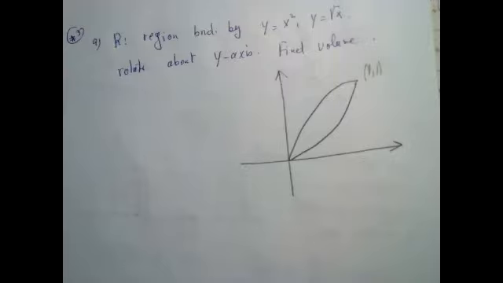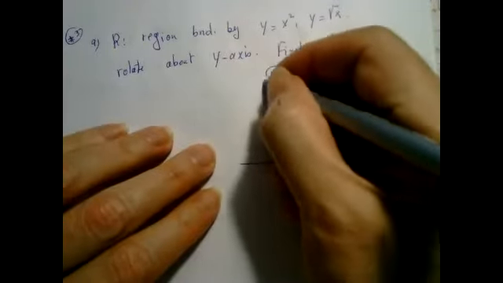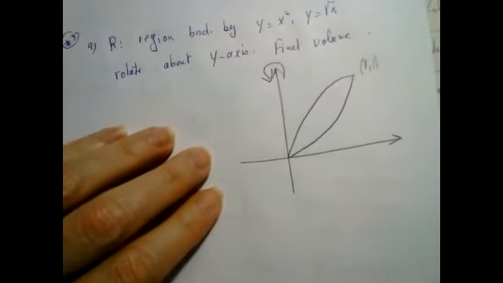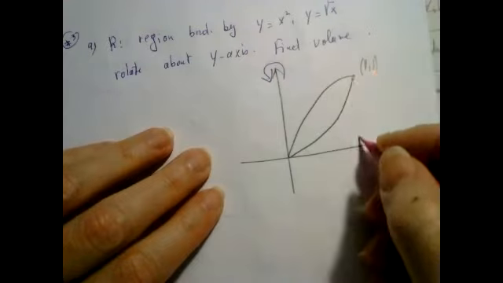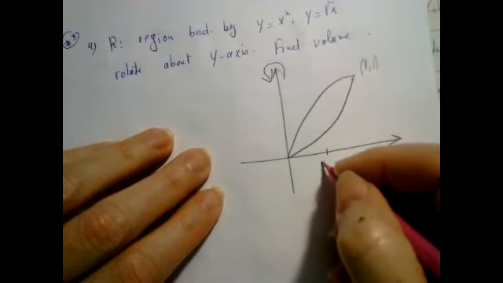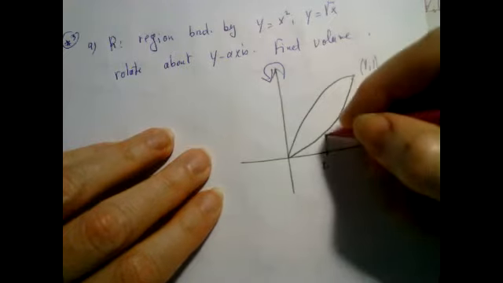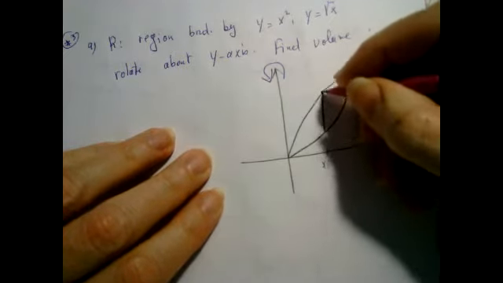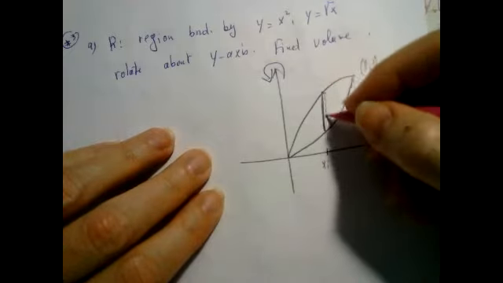And we want to do it using the shell method. That's my axis of rotation, the y-axis. So I'm going to do exactly the same. I'm going to fix my xi and cover it here with a rectangle. So this is my little rectangle here.